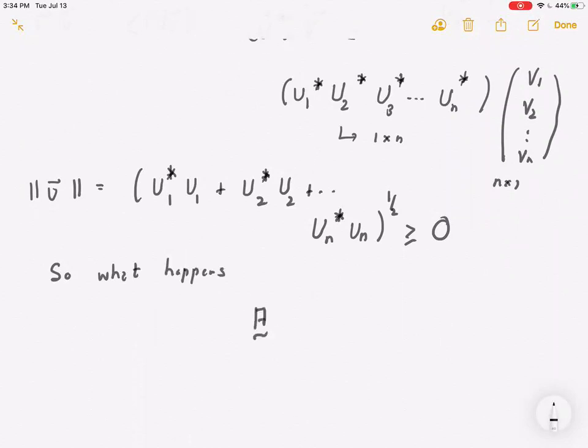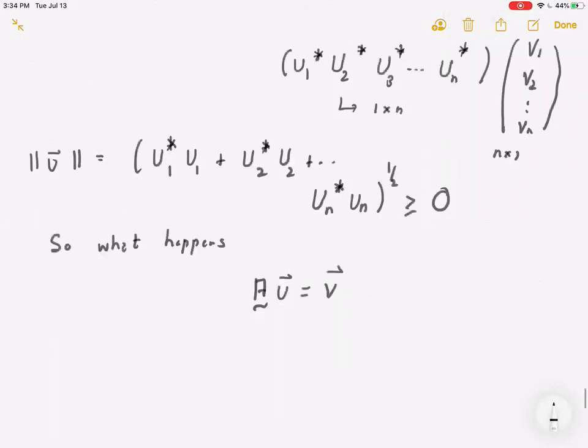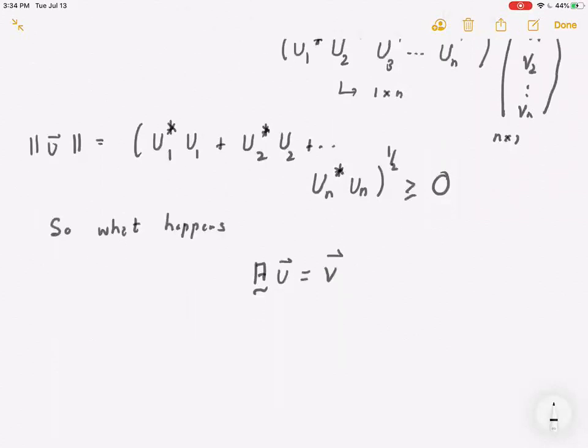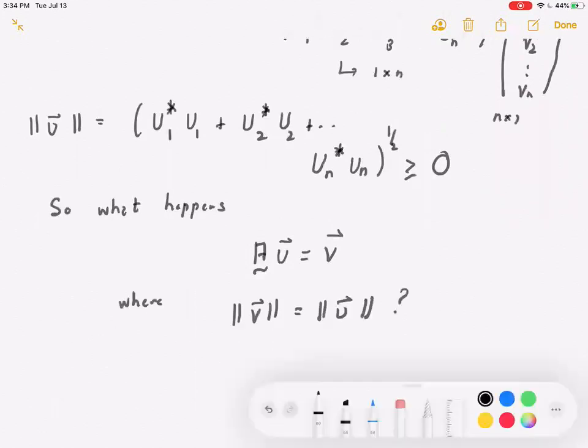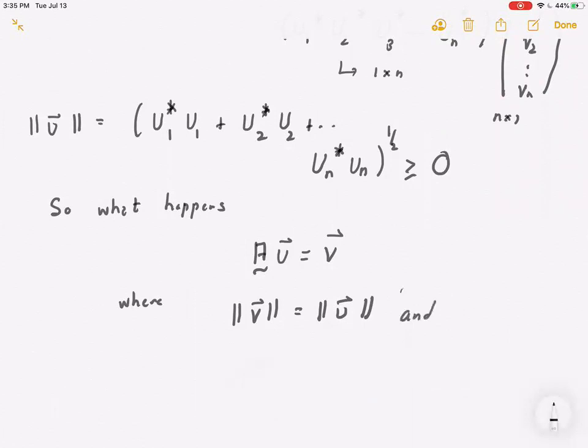Well, let's just say I take a matrix and I multiply it by U to get a new vector V, where the norm of V is the same as the norm of U. And unlike the previous case, U and V are now complex. So this is a whole new ball game.